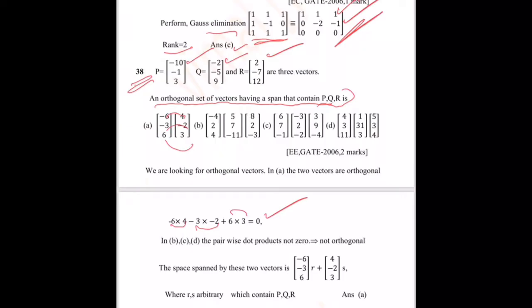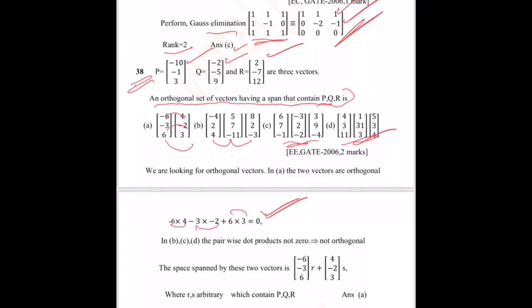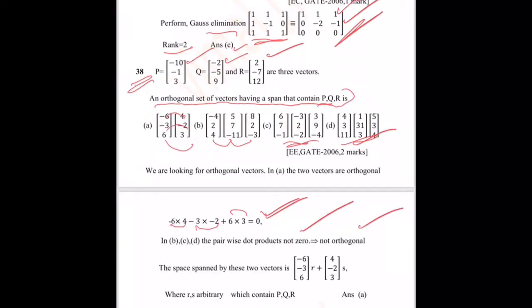But these 2 vectors are not orthogonal. The dot product is not equal to 0. C is not orthogonal. D is not orthogonal. That is, A is the correct orthogonal set. In B, C, D, the pairwise dot product is not 0.